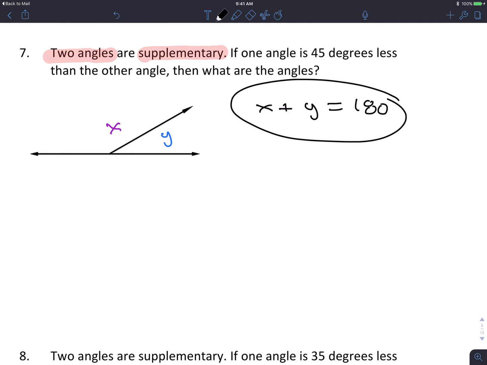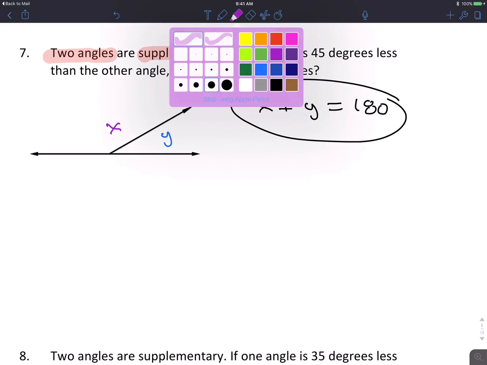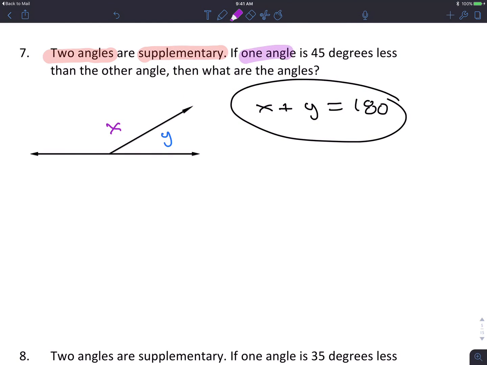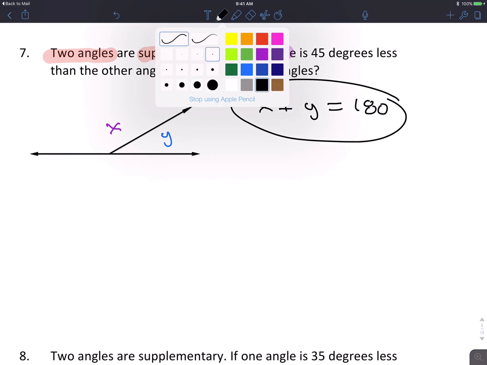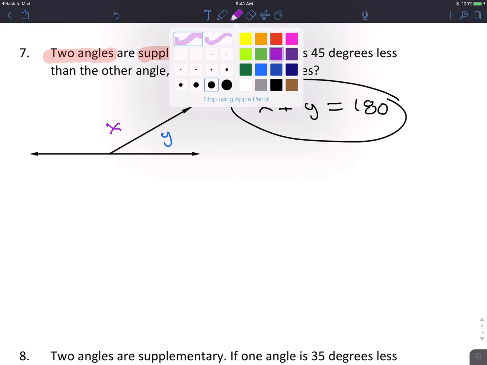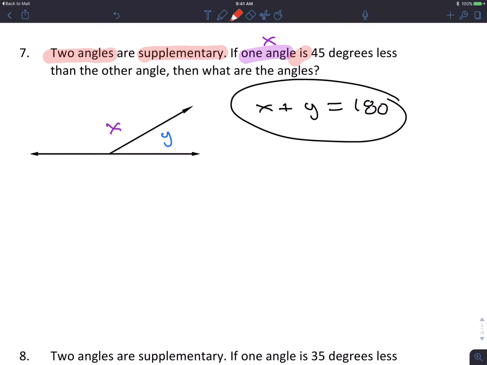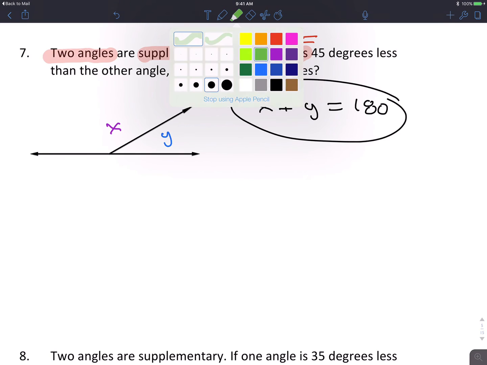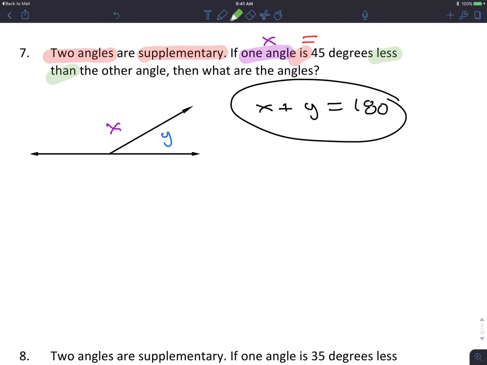Okay. Again, we'll do this in colors. One angle is represented by the letter x, is always the equal sign, and 45 degrees less than, so we have to color the less than, that's subtraction.